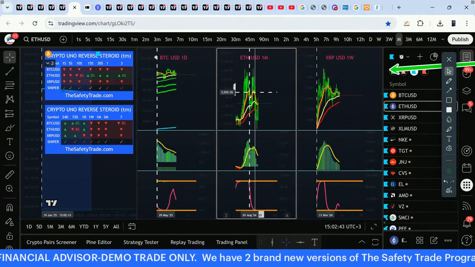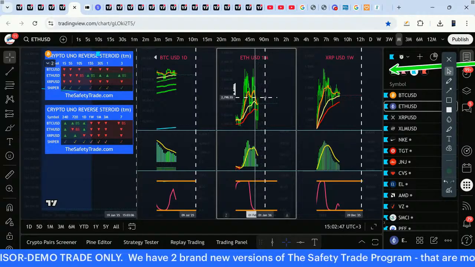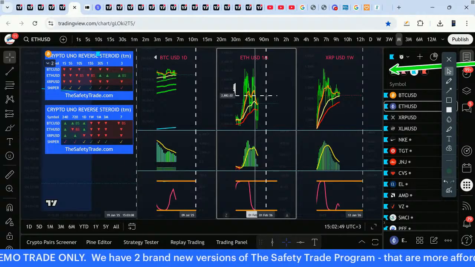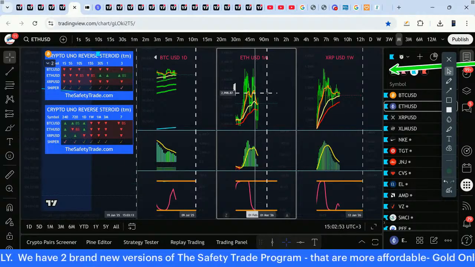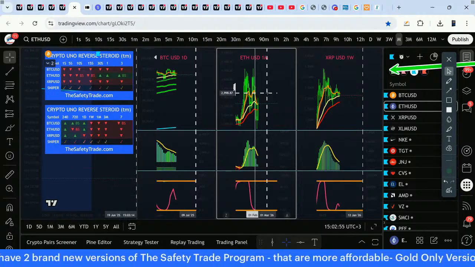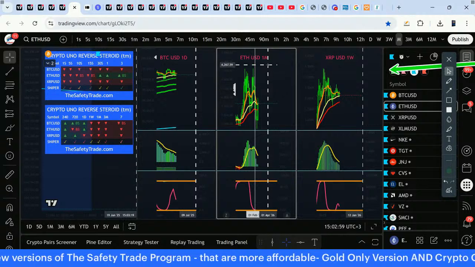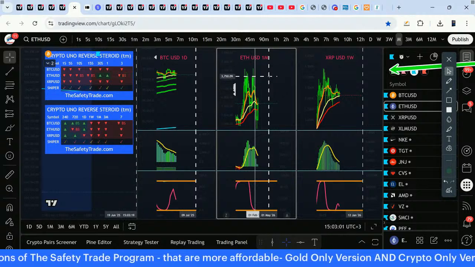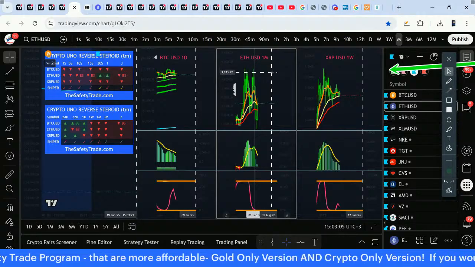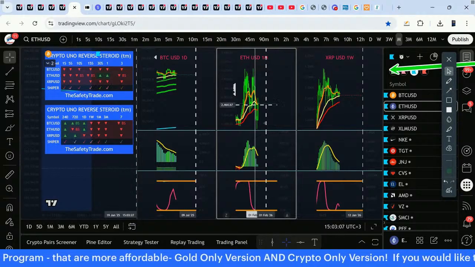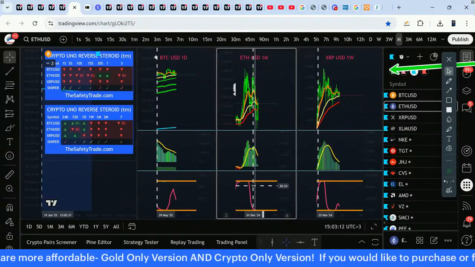You guys can't see what it just drew out right there. Anyway, it's already gone past take profit 1 and 2. Ethereum will be going to 2,850, 3,000, 3,100, and then eventually 3,500, 3,700, 4,000. That is Ethereum, but it is very long term. This is a monthly buy. It's going to take a minute to do.